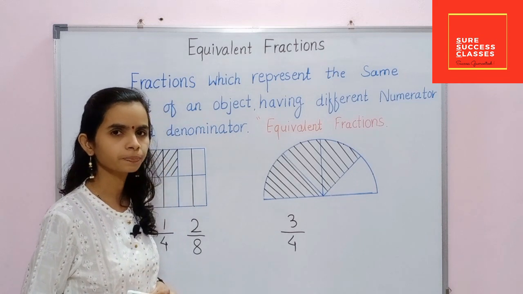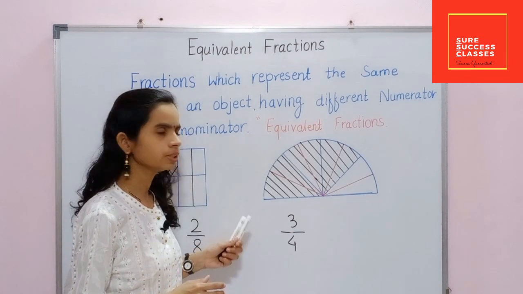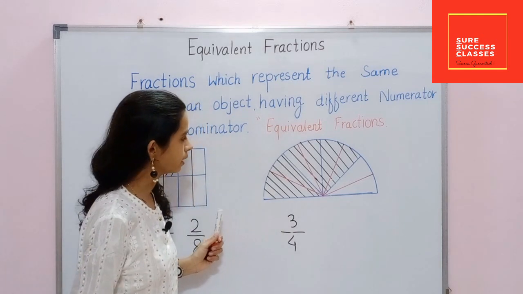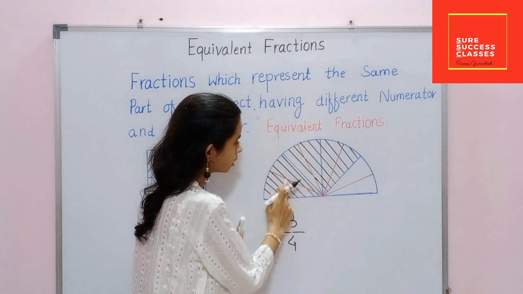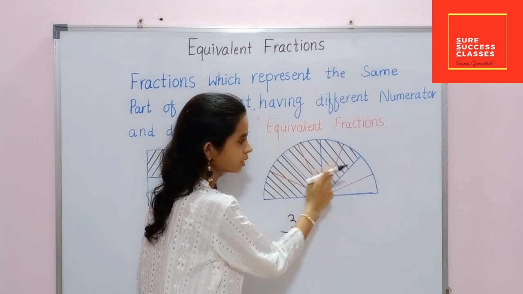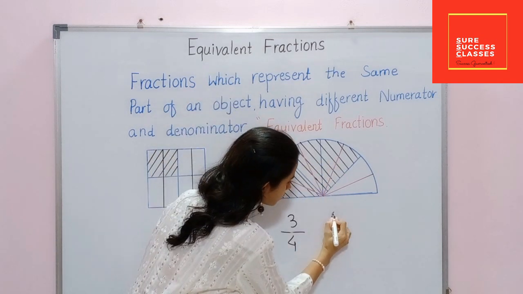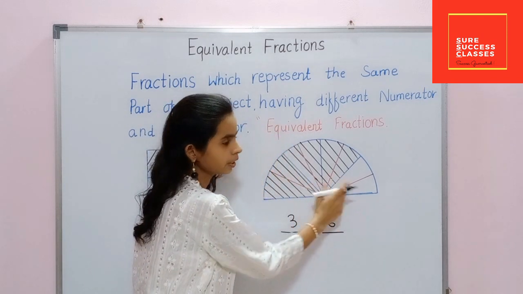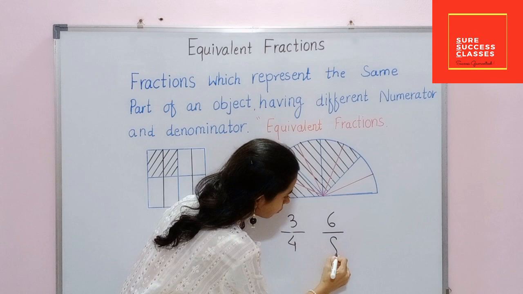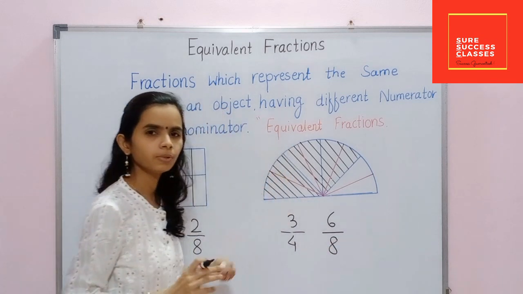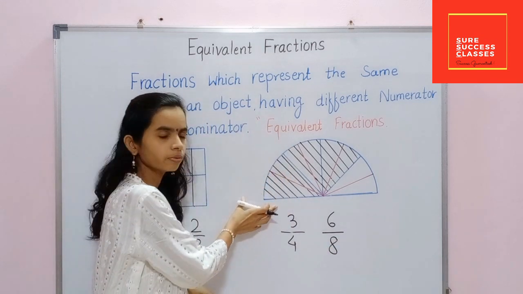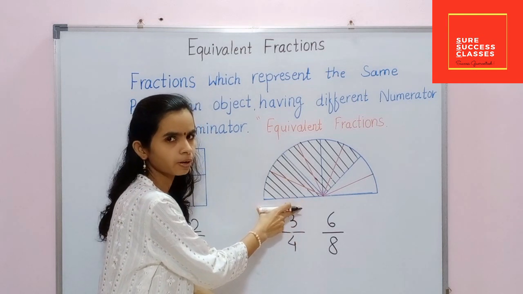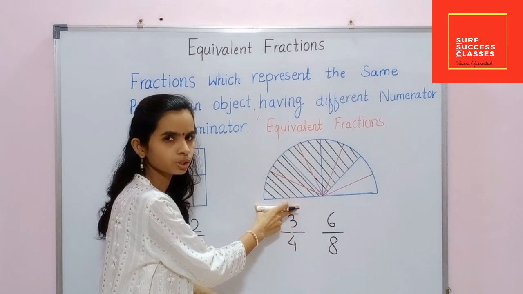After division, 1, 2, 3, 4, 5, 6 parts are shaded out of 8 equal parts. Means here also there are two fractions for the same shaded portion.